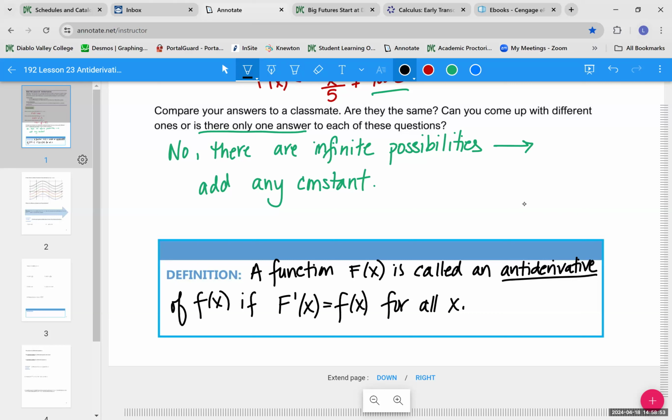So it's just a word to describe a function whose derivative is this given function.